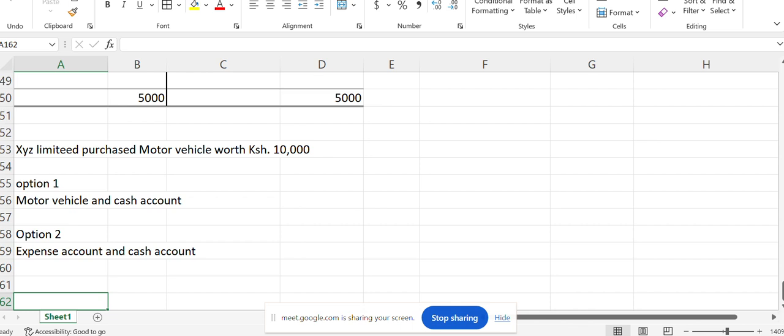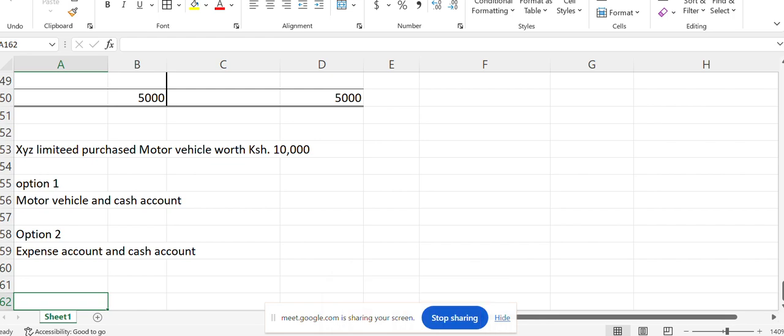But here, motor vehicle is an asset, while expense is under expense account. Expense belongs to the income statement. Assets belong to the statement of financial position. So these are two different classes of accounts. If you commit that error, we call it error of principle.